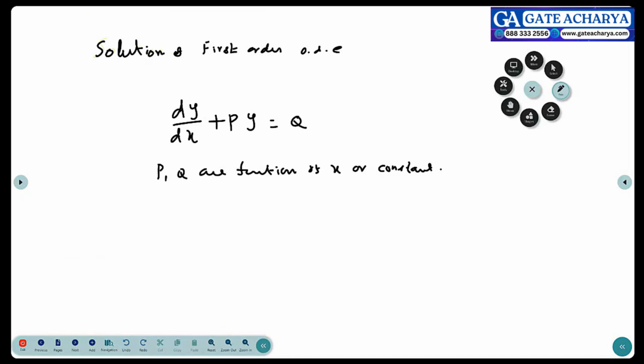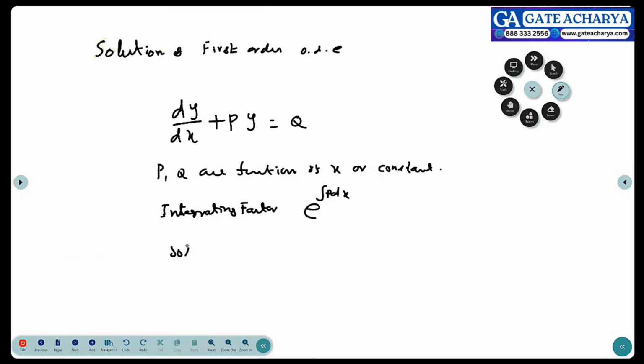So for first order linear differential equations, what is the solution? Before getting the solution, we find the integrating factor. Integrating factor is e power integral p dx.